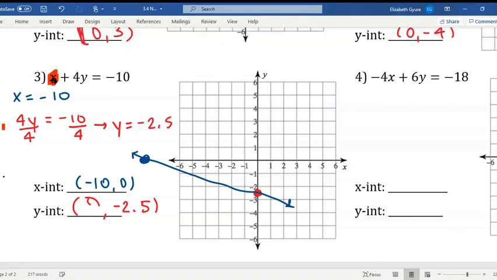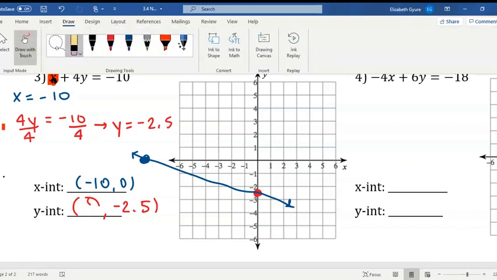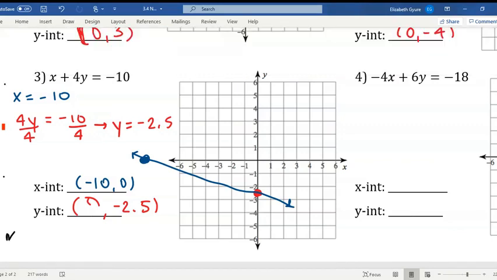We'll talk about this more next week, but slope is the opposite of A over B. For some reason, the little letter they picked for slope is M. Don't ask me why, I didn't make it up. And we do opposite of A over B.